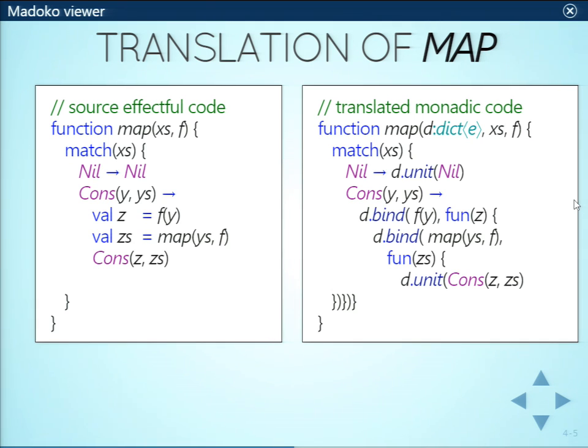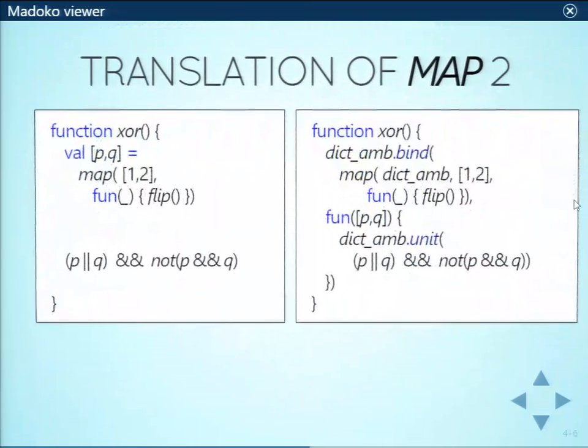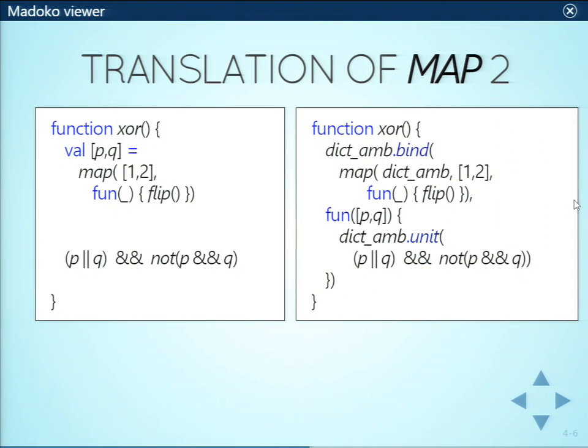This is very similar to Haskell predicates, dictionaries that are passed around. Then, when the XOR function with the map in it is translated, the compiler passes the dictionary for amp as an argument to map, where it becomes concrete.